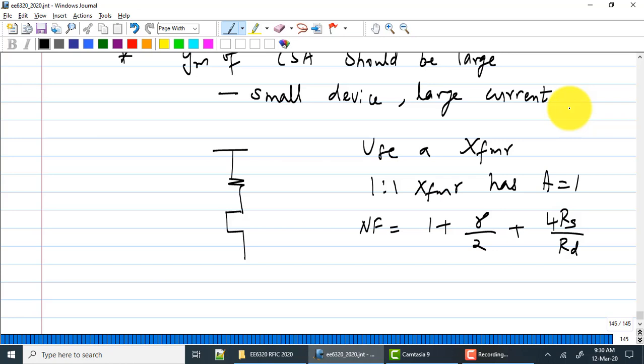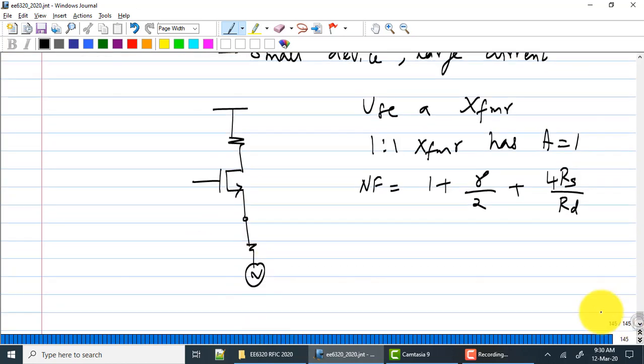Let me just show that circuit here. How do you place the dot points? You want a negative A, right? Remember, you want negative feedback.